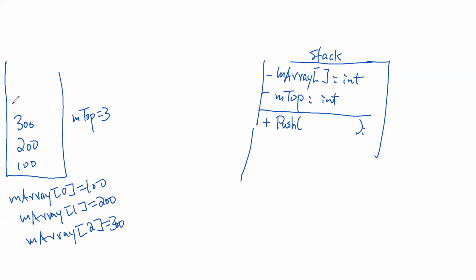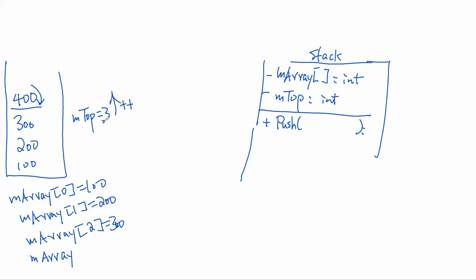Suppose now I want to add 400. What's going to happen? I drop the 400 into the container. What do you need to update? You need to update the top index, incrementing it by 1.